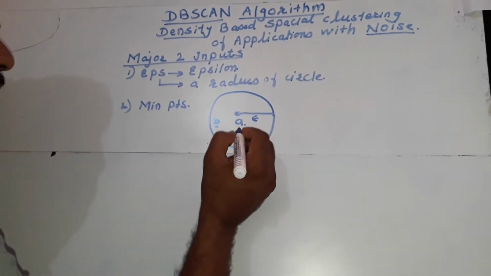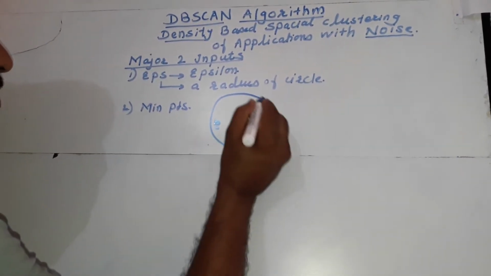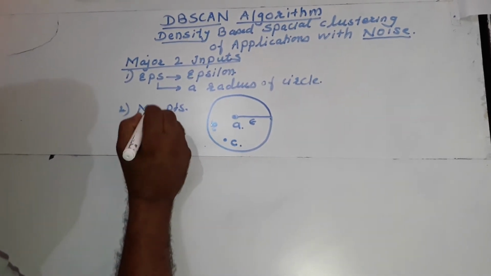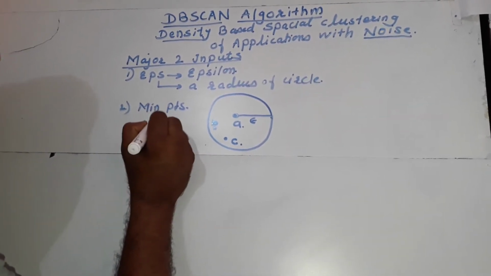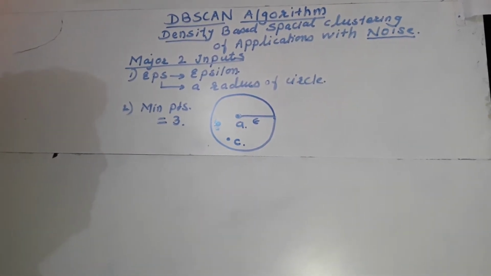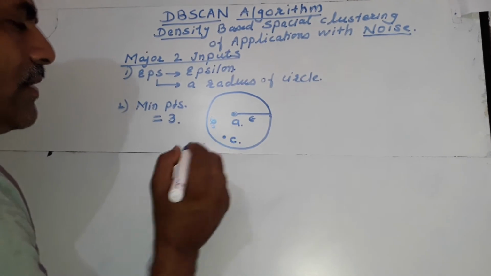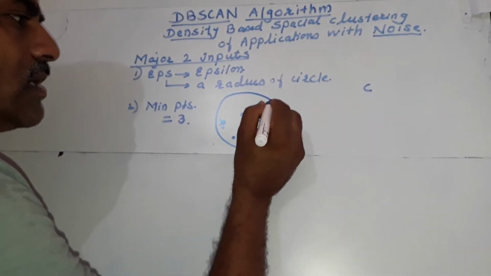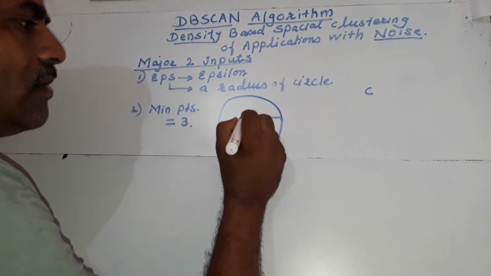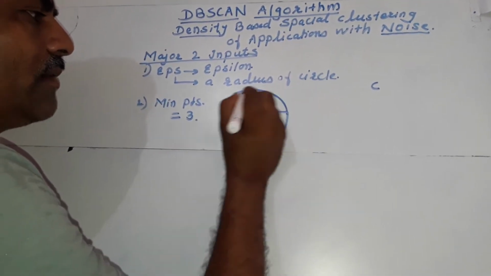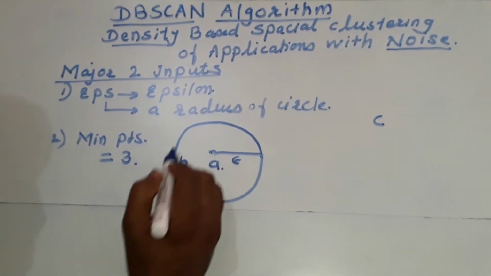So now we have three data points in this circle, and let us say the minimum points value is equal to 3, right? We need to identify the data point and the epsilon value by which we have drawn the circle.